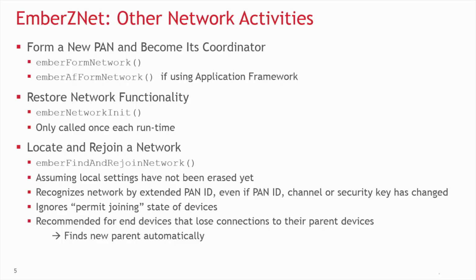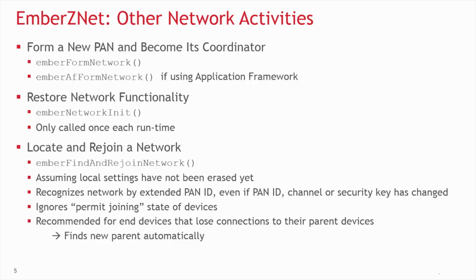For an end device, however, it may not be so simple if it can't find its parent any longer after a reset. If you have an end device, you must have a valid parent. If you call Ember network init as an end device, it's possible to get to a state where you are technically associated to the network, but you don't have a parent.